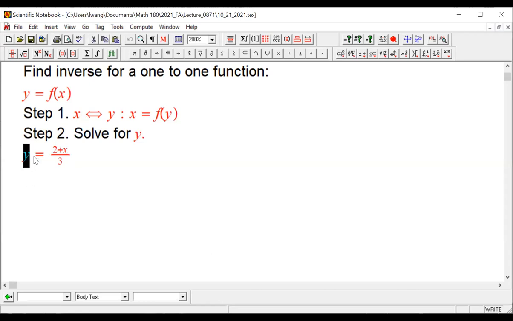Is this one-to-one? That's the first question you ask. 2 plus x over 3. This is the function you're talking about, right? This is a line. This is a rational function for sure, but this is a linear function.